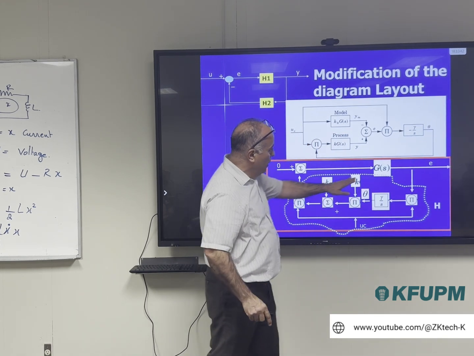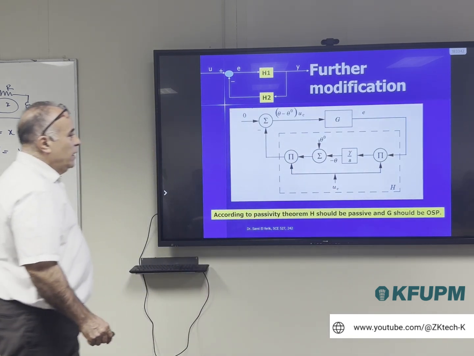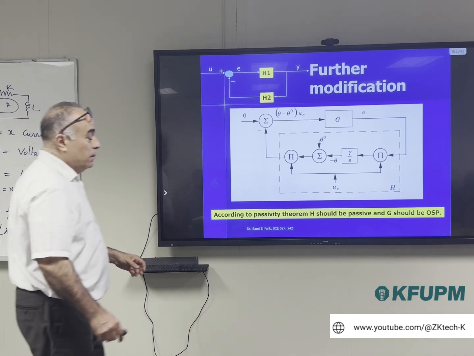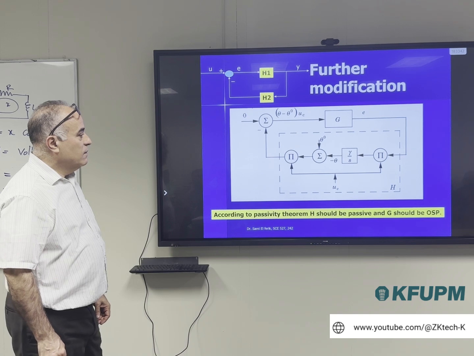So we have H1 here and H2 down here. This is how H2 looks, right? If we simplify it in the way we did before. Theta 0 is the right value of theta. Gamma over s is your other block. H2 here is variable now, because you have UC.